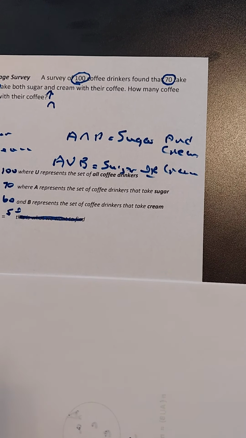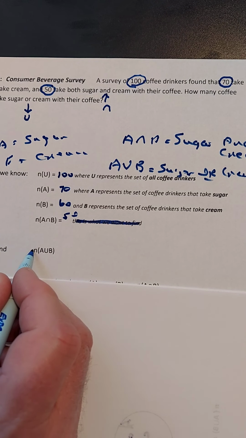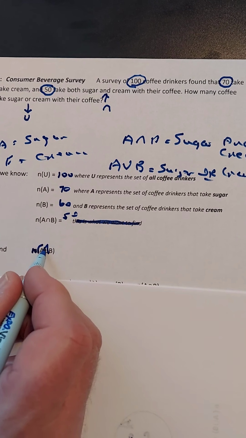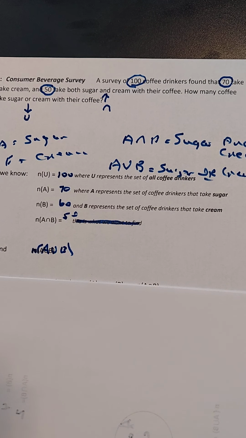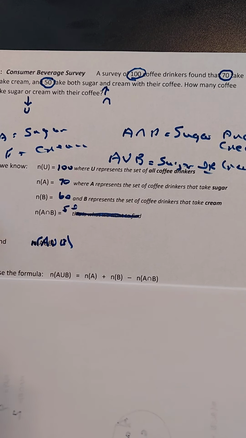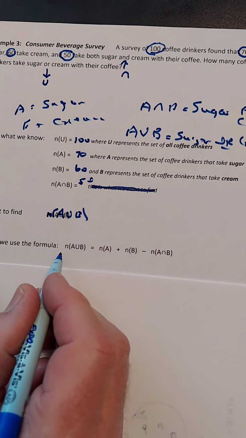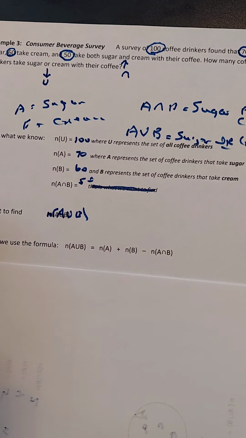Okay, so going back down here, I want to find the number in A or B, and to do that, I'm going to use the formula. The number in A union B is equal to the number in A plus the number in B minus the number in both.